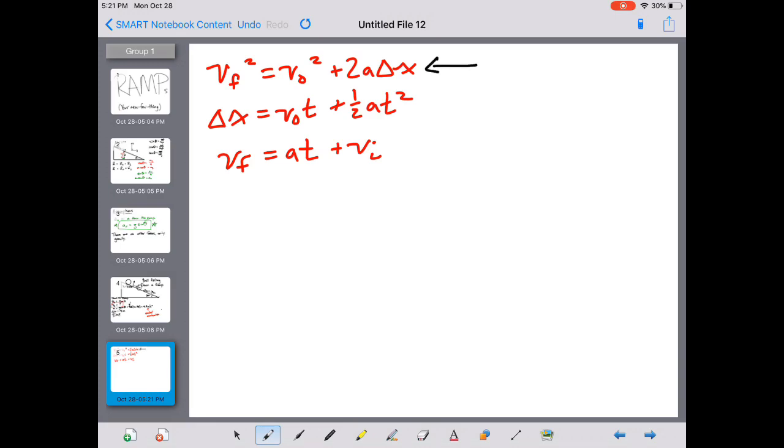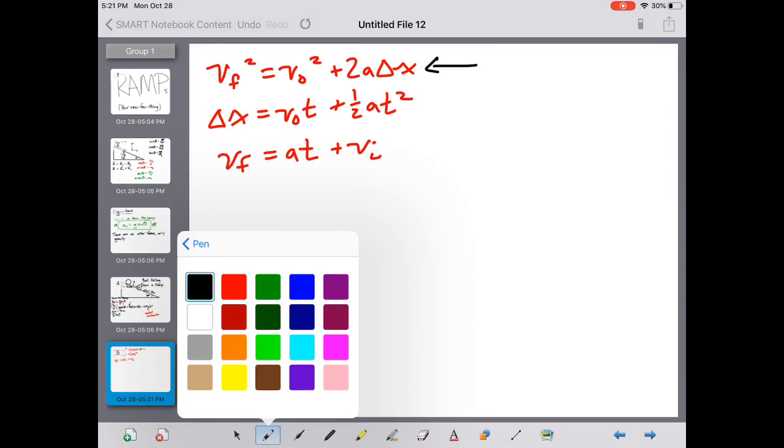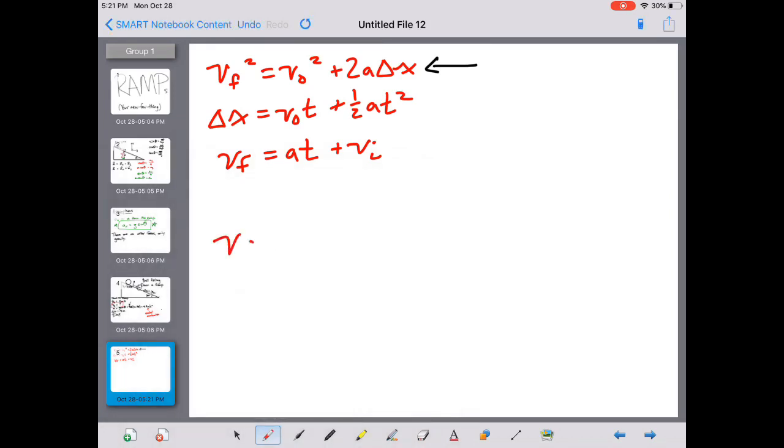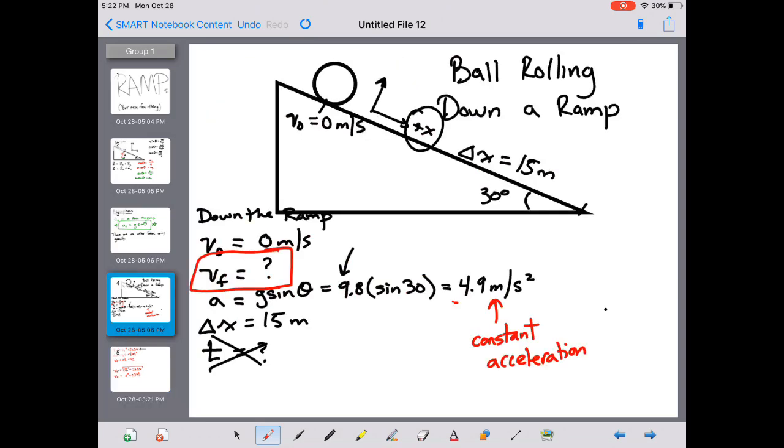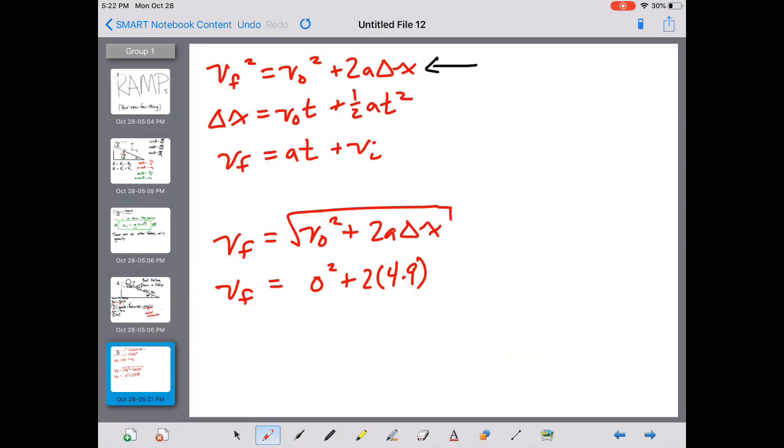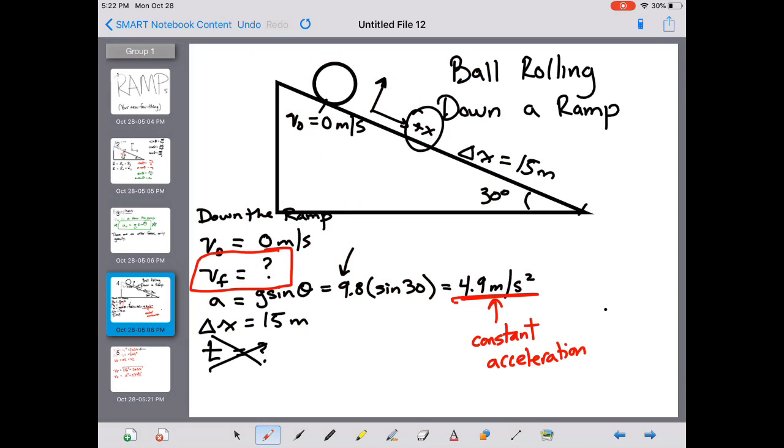So at this point, I just plug in. I take that equation, v final is equal to the square root of v initial squared plus 2a delta x, because I want v final by itself. And I get that v final is equal to the square root of 0 squared plus 2 times 4.9, because that's what I calculated right here, times delta x, which is 15.